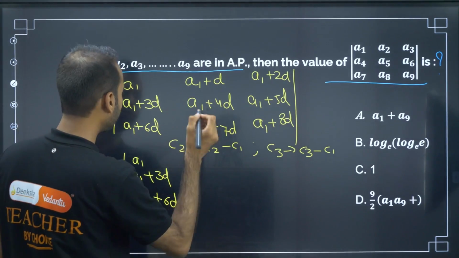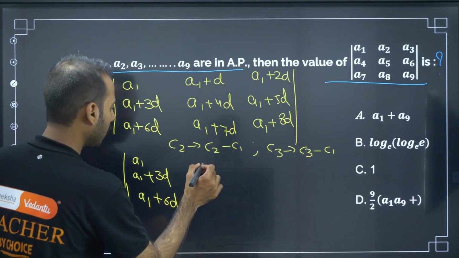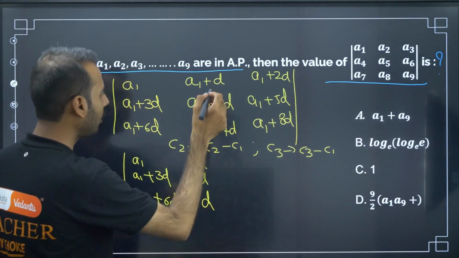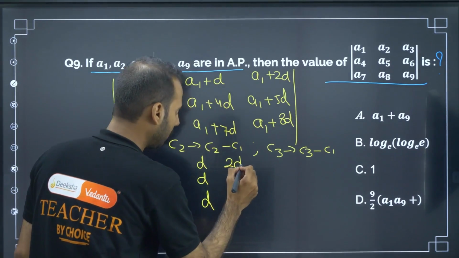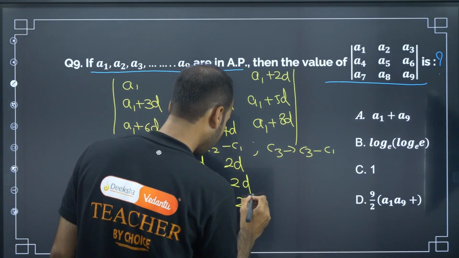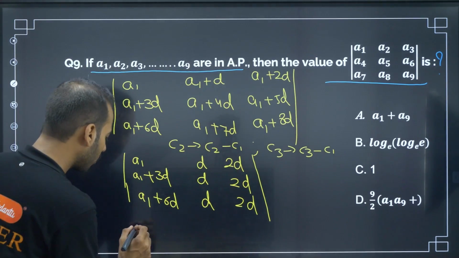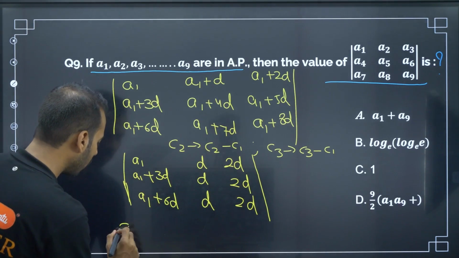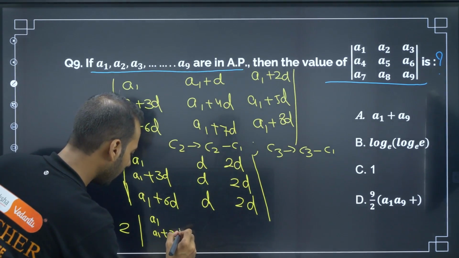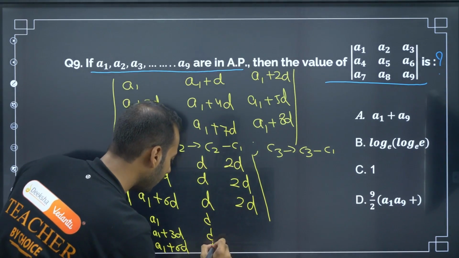For C2, a1 plus d minus a1 is d, this is d, this is d. What about this 2d? What about this 5d? 2d, this also 2d. Next, from this column I will take this 2 out, so same a1 plus 3d, a1 plus 6d, d.